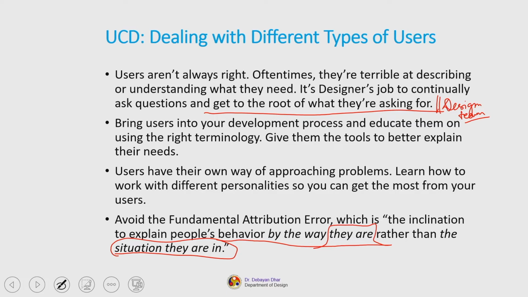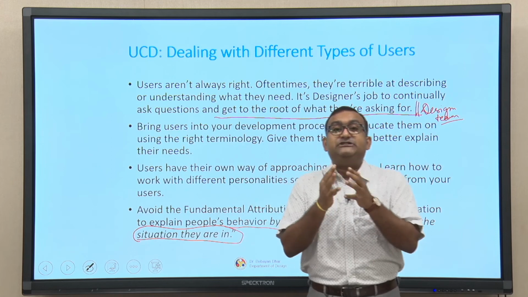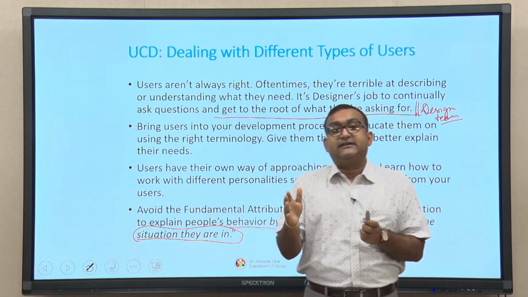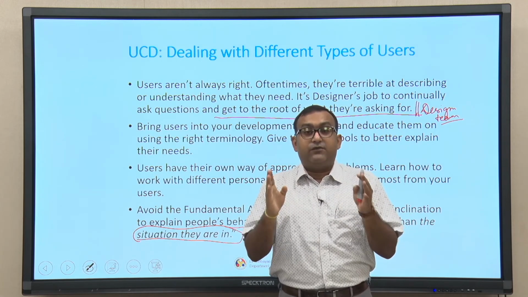When you start, you would realize that when we start explaining users' issues, we start explaining the situation, not the way in which information is being structured. We just explain the task, we just explain the context of the work.